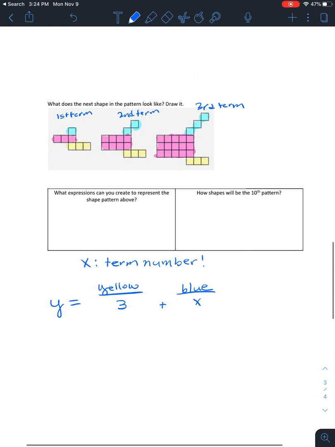And now the tricky part is going to be the pink part. For the pink part, we have to be clever here. We notice that X represents the term. So I let X represent how many rows I have, because remember, in this first question we have 1 row, and this 1 corresponds to the 1st term.